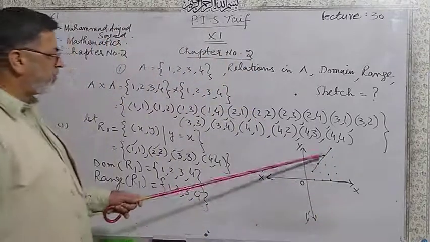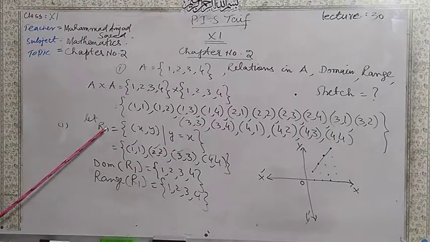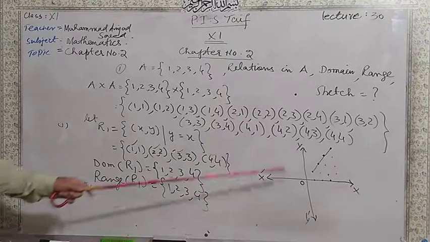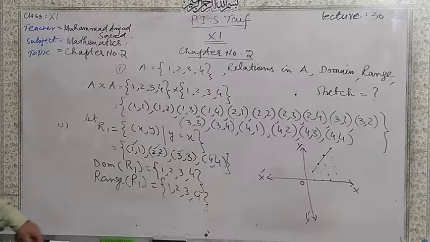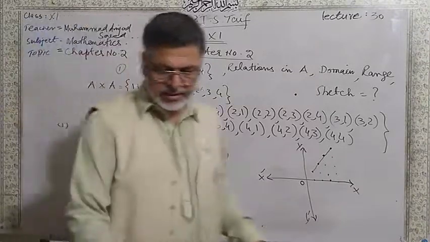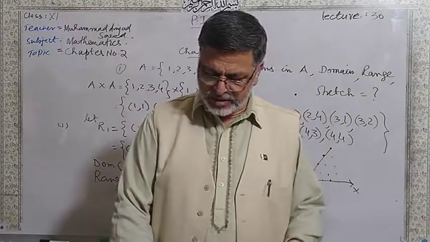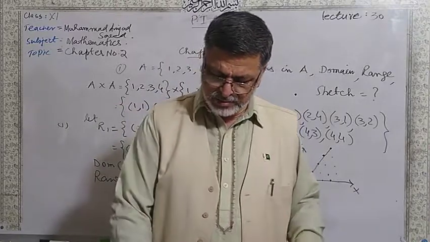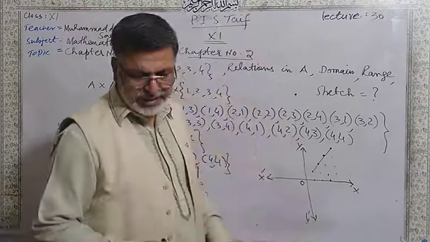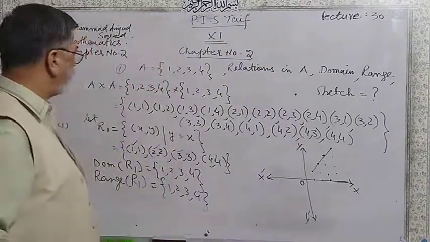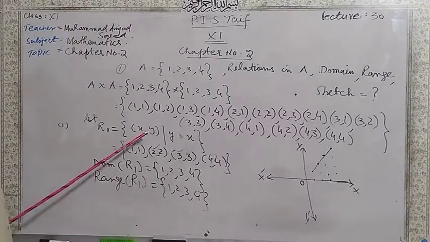That is the graph of your R1. So this is the way you have to find the domain and range, and also you have to tabulate the given binary relation.